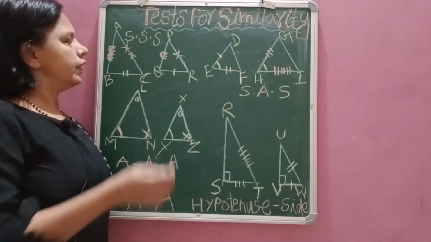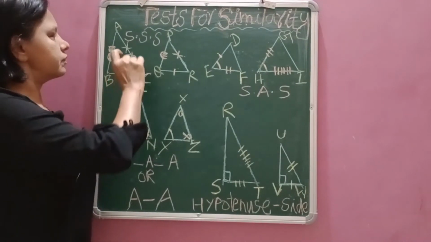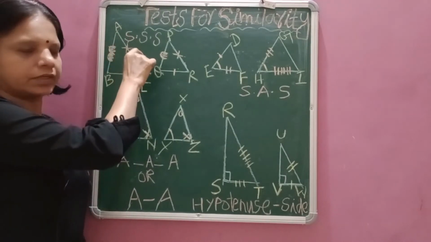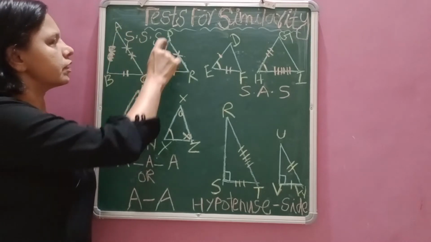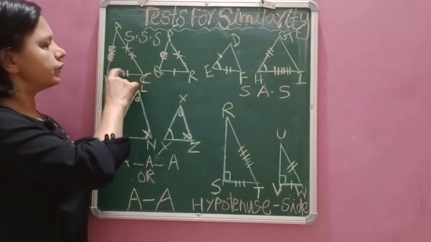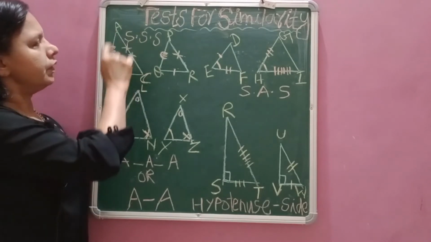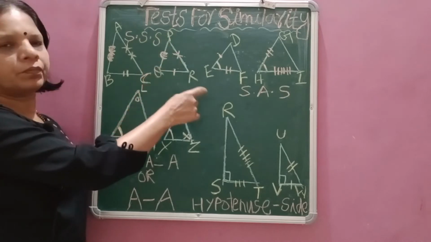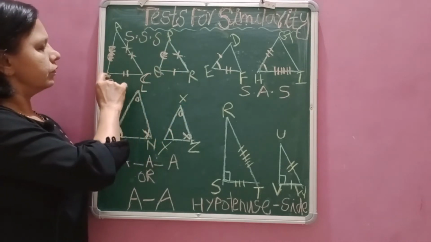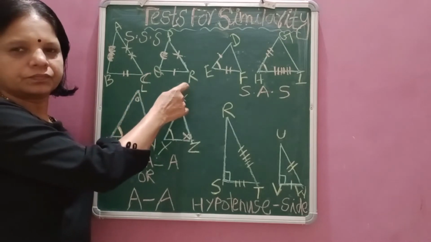We'll see. In the first figure, the correspondence relation of the vertices is triangle ABC corresponds to PQR. And from the marks given here, AB and PQ are proportional to BC and QR.